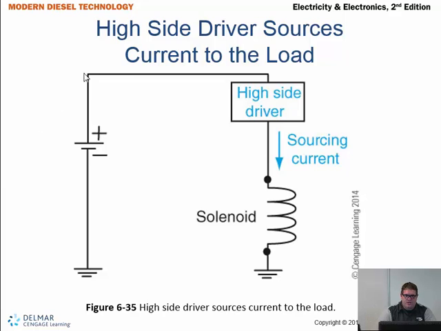The high side driver sources current to the load. So in this case now, if we follow this, we have our high side driver. Our driver is now getting positive voltage from the battery, and the transistor in here is outputting the positive side, and we're going through our solenoid windings and finding ground at the chassis.